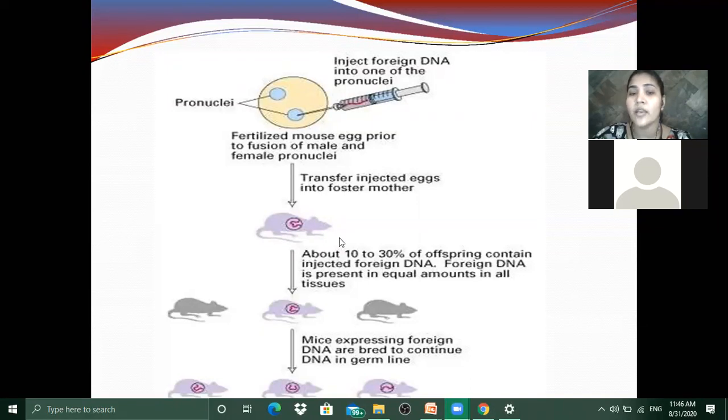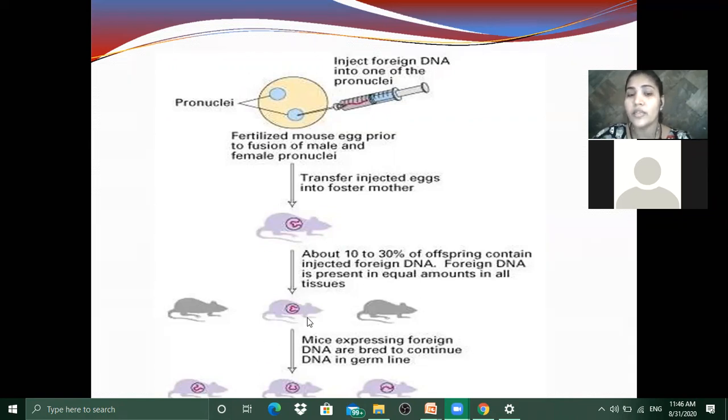So basically, once you are done with this, you will be injecting this fertilized egg into the mother, right? Then you will be getting, along with other babies, 10 to 30% of the population which will have this transgene.